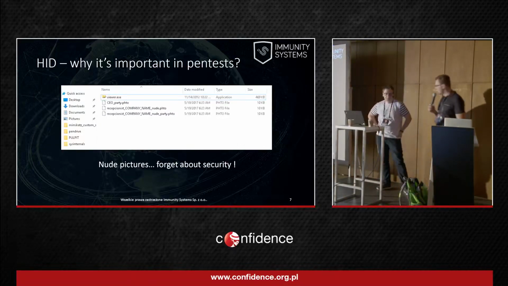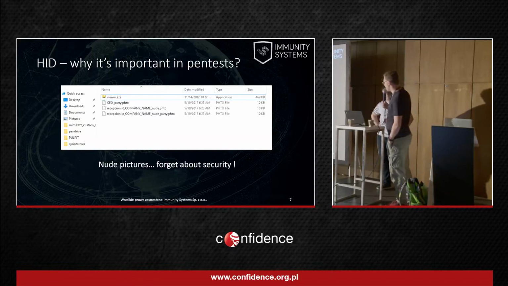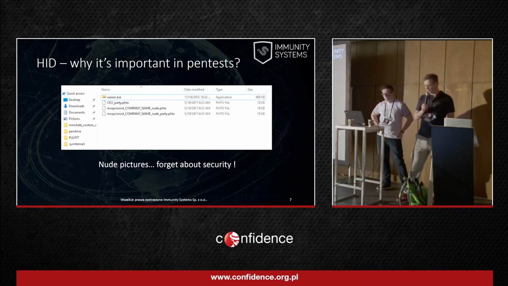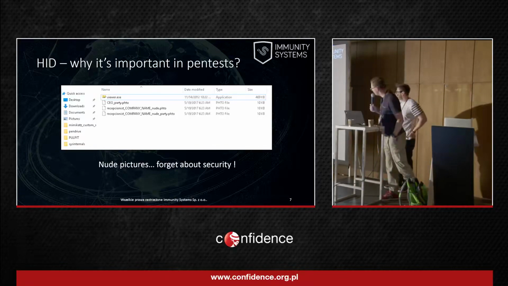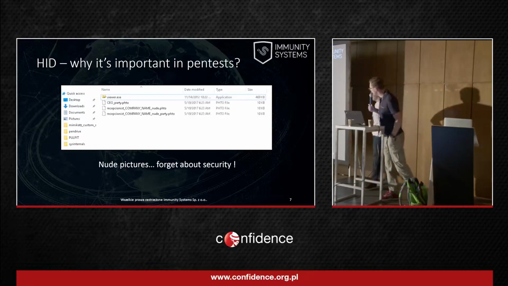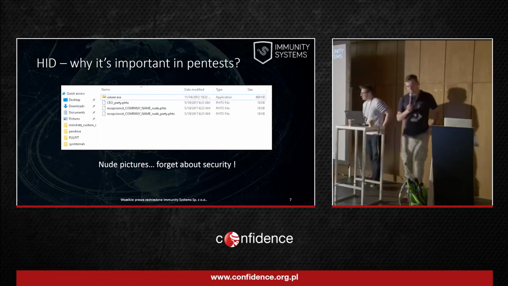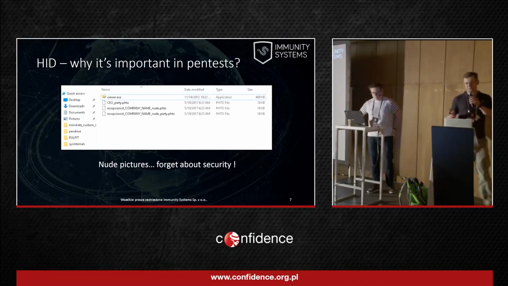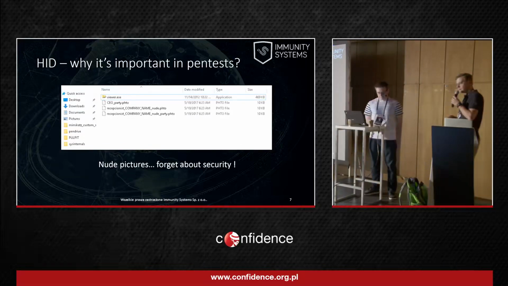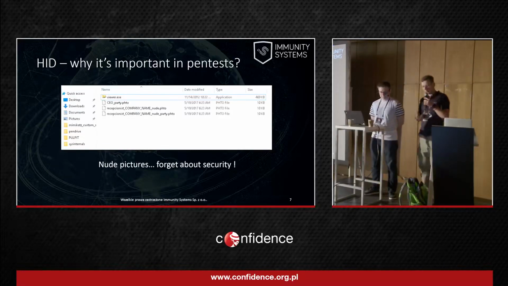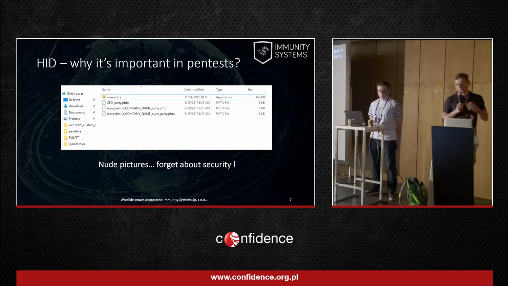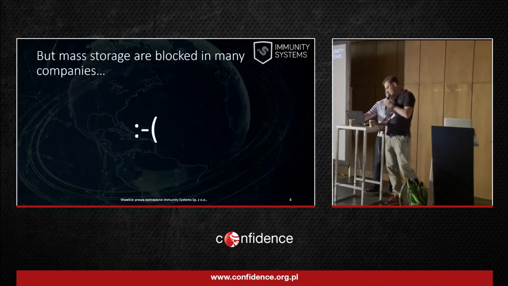And as you can see, this is a social engineering scenario: there is a not very well known extension for the photos, but on this pen drive there's also a viewer for this kind of files, but of course the viewer is malware and you can infect your computer.